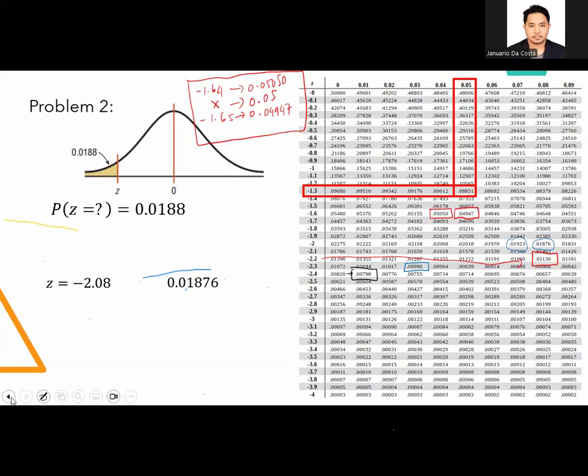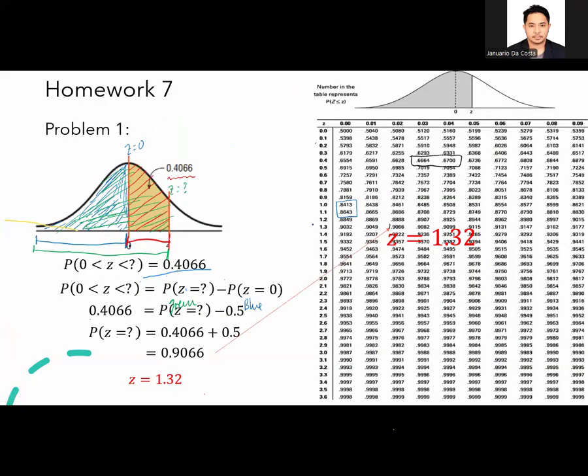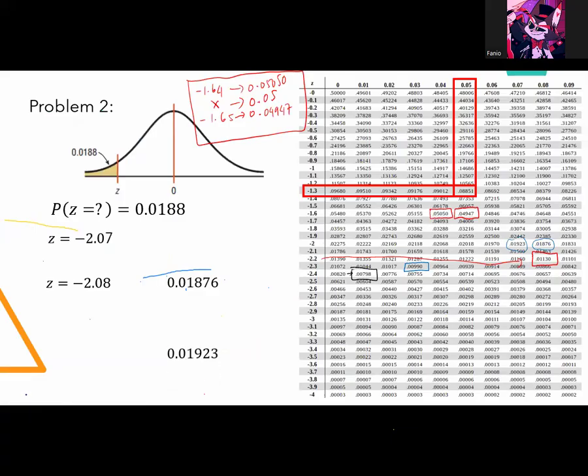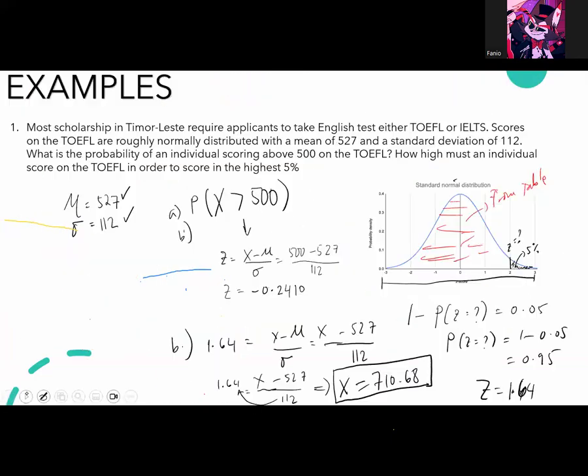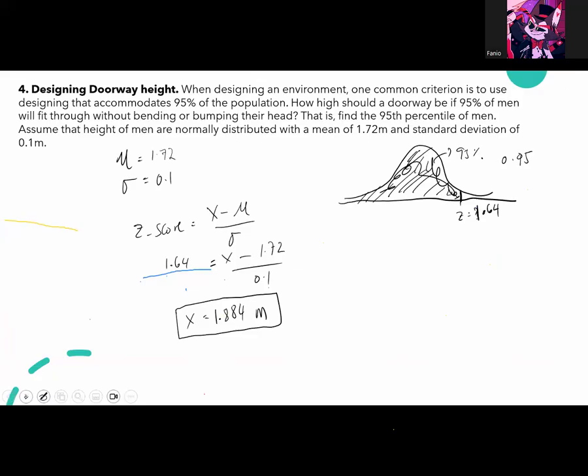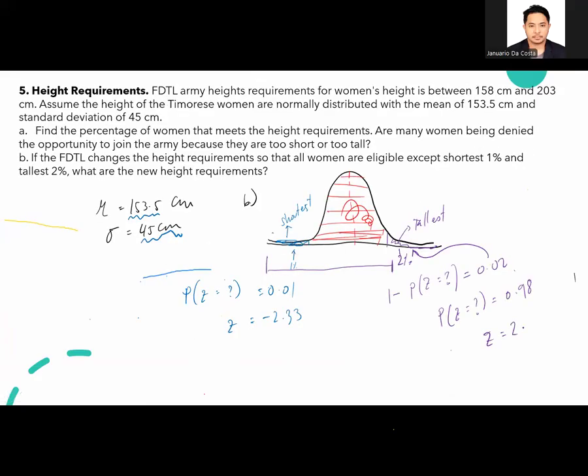Somewhere over here, I think 0.8992, no. Let's go, 2.05, correct? Yes, 2.05. That will be 2.05.